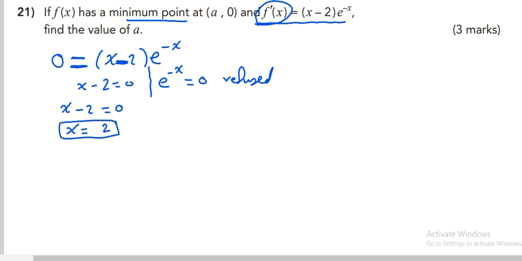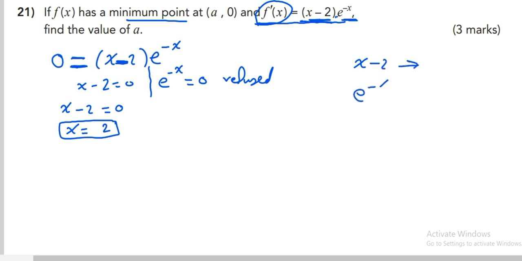Third step, we have to find the second derivative and substitute this value to know whether this point is maximum or minimum. Here this is the first derivative, so to find the second derivative we have to differentiate one more time. Here this expression is written in the form of a product, so we'll use the product rule. First expression times the derivative of the second part, plus the second part times the derivative of the first.